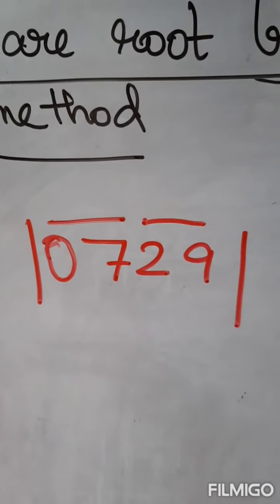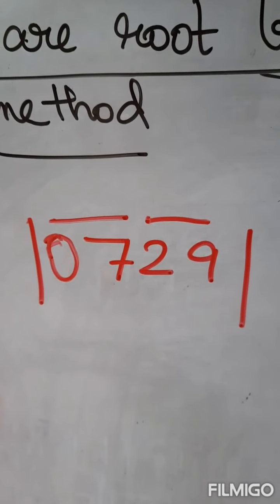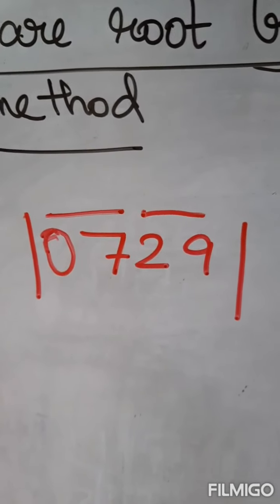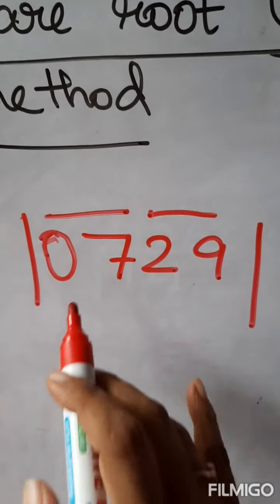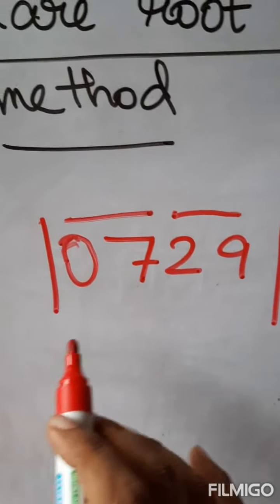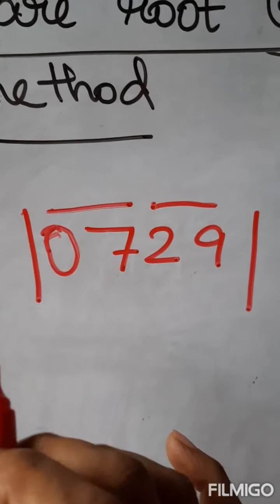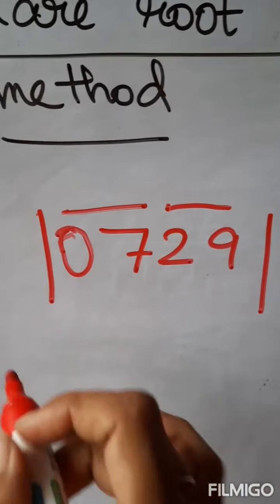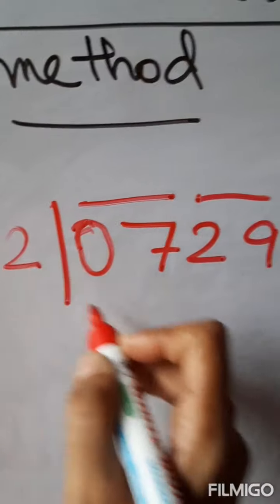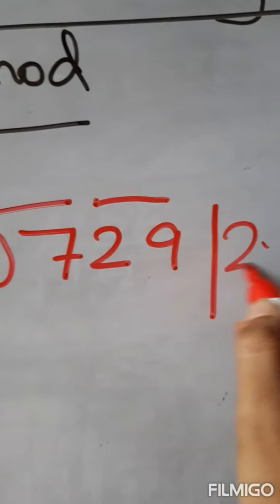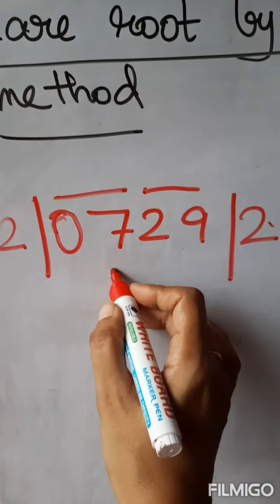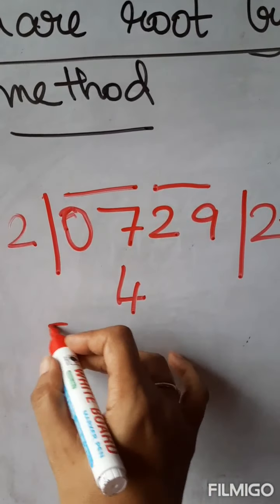The second step is to find a square number which is less than the first pair of numbers. Here the first pair is 7. So a square number less than 7 is 2 into 2, which gives 4.